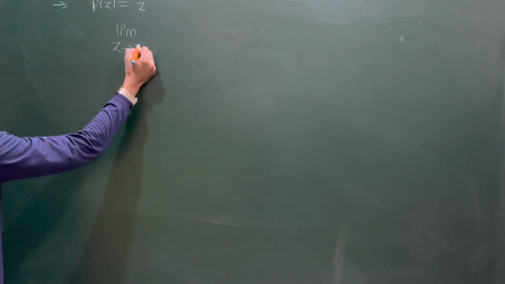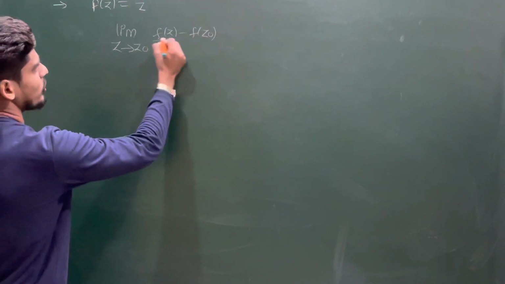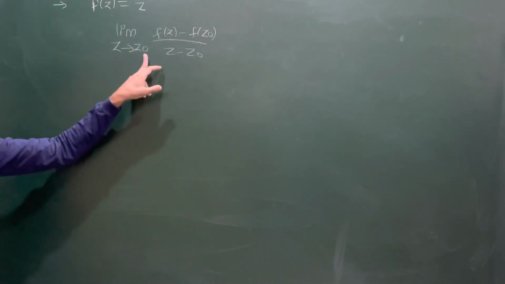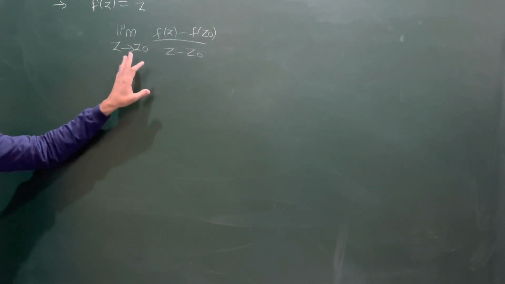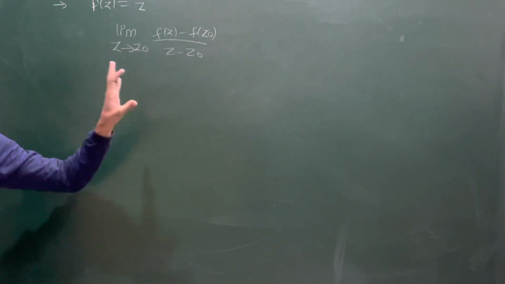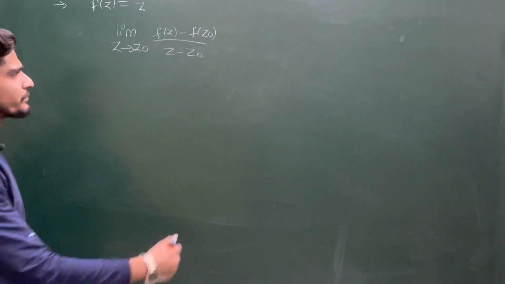Limit z approaches z naught of (f(z) minus f(z naught)) upon (z minus z naught). If this limit exists for some z naught, then we say the function is differentiable at those z naught. So we are trying to see whether this limit exists at any z naught or not. If it exists, then what are those z naught? So we try to extract those z naught.